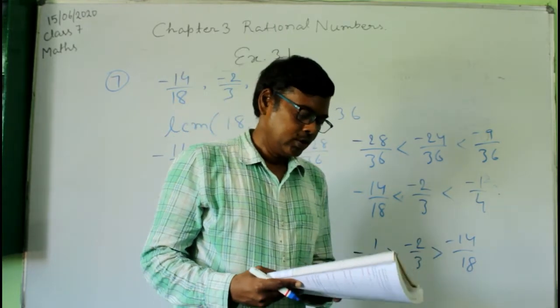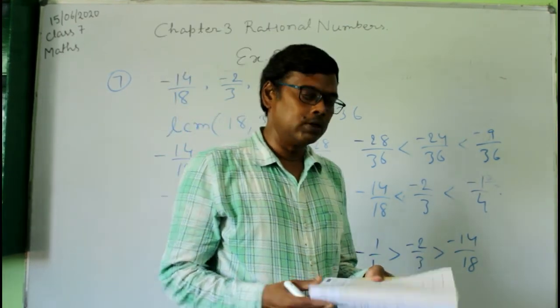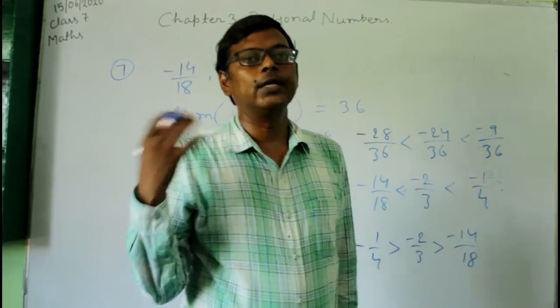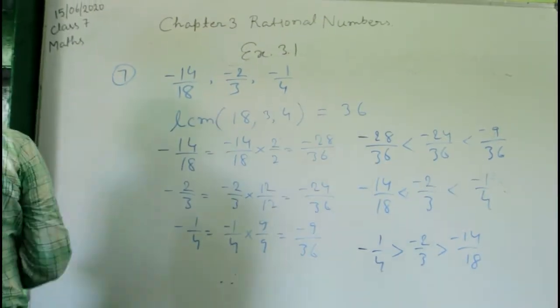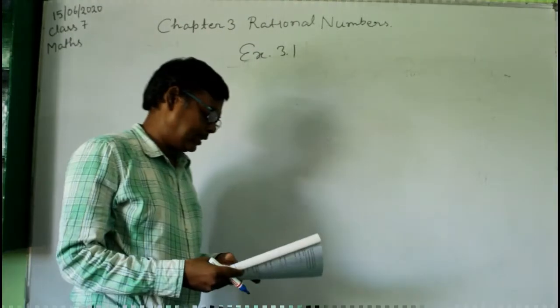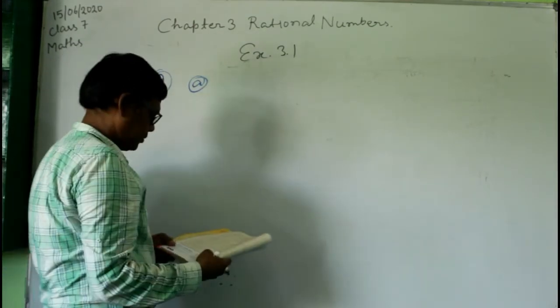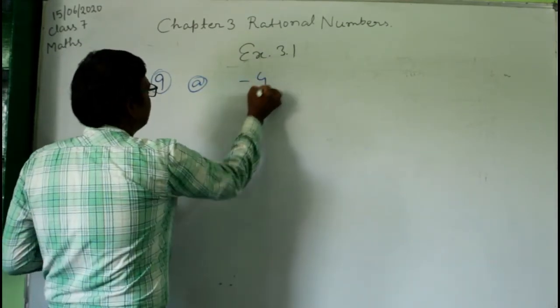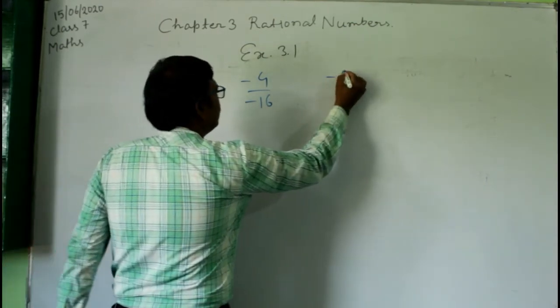Here you have to compare again the given numbers, and put the sign of less than, greater than, or equal to. Number 9a. Here in A you have minus 4 by minus 16, and the other number is minus 3 by 2.